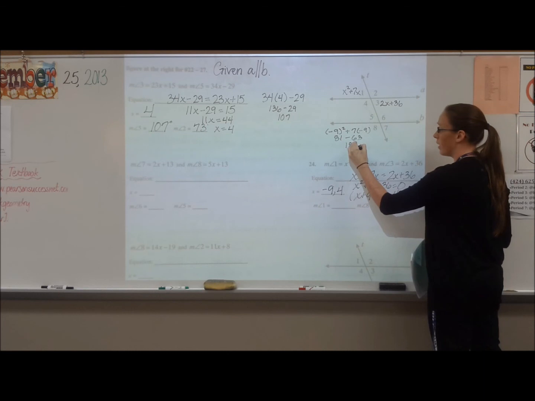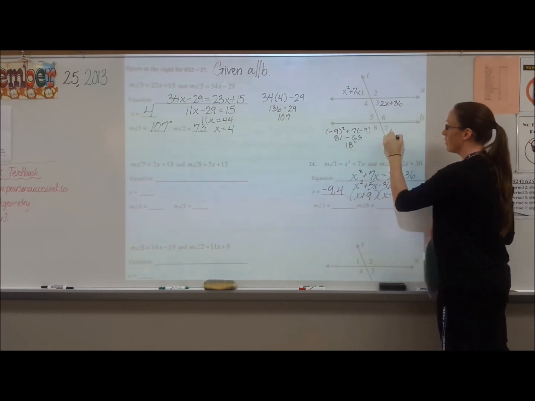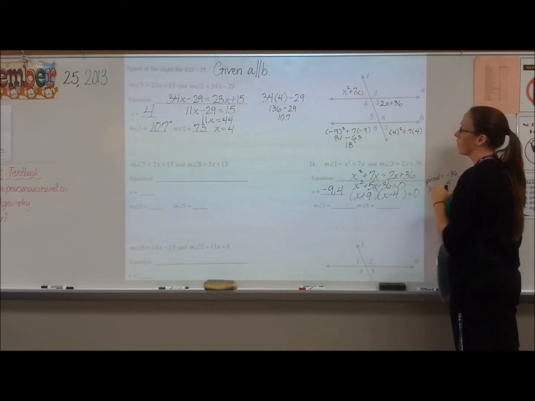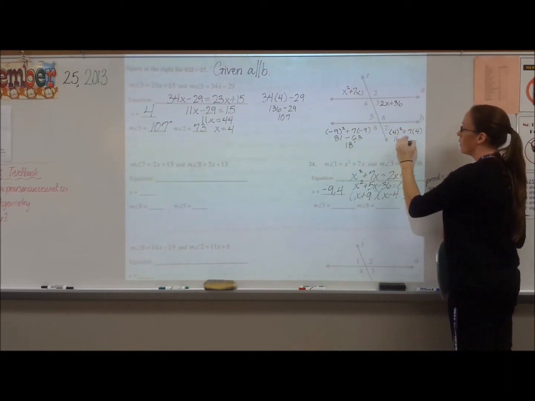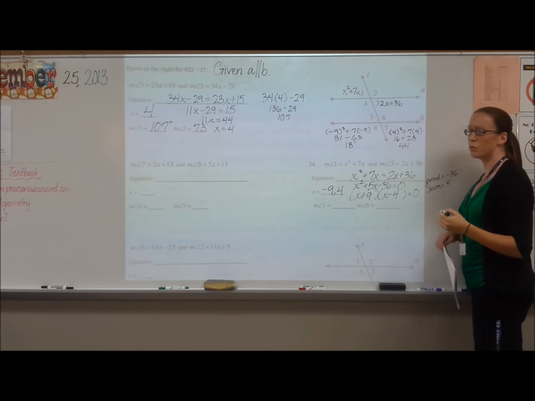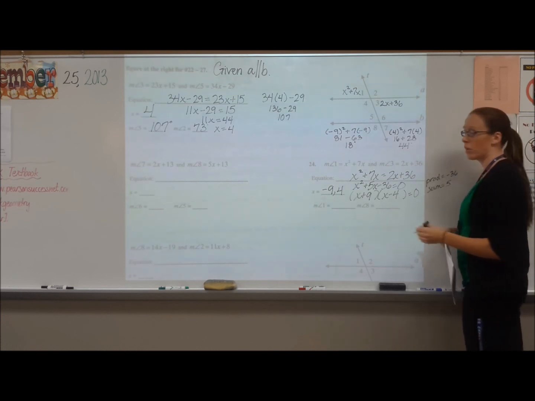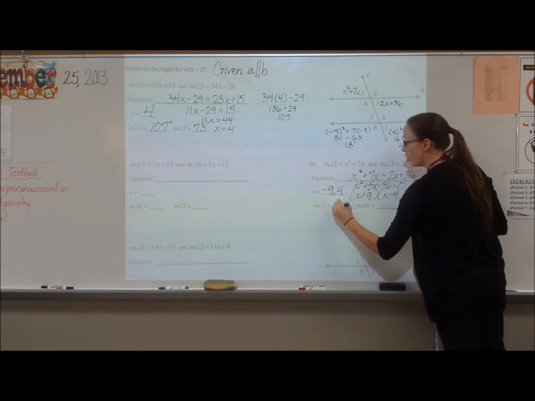We can't throw that negative 9 away. Take the positive 4. Same thing. Square it, add the 28 there, and we're going to end up with 44 degrees. Both solutions produce positive angle measures. We're going to go ahead and accept both x values and both 18 and 44 degrees.